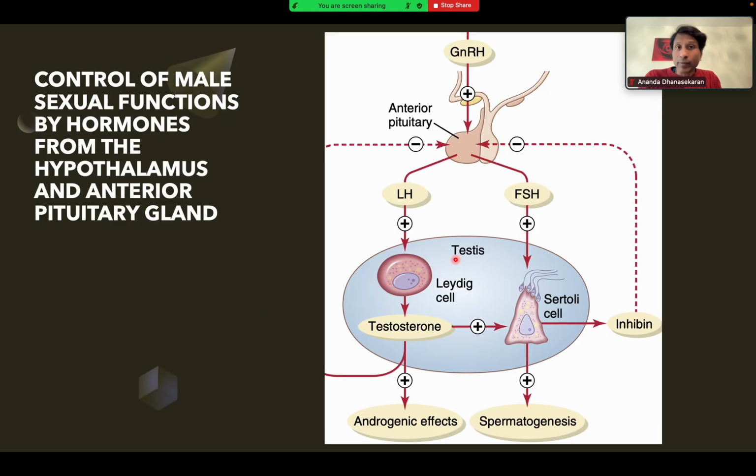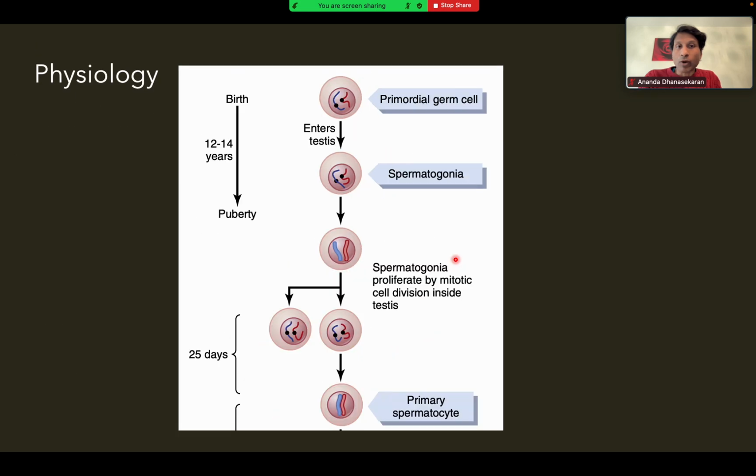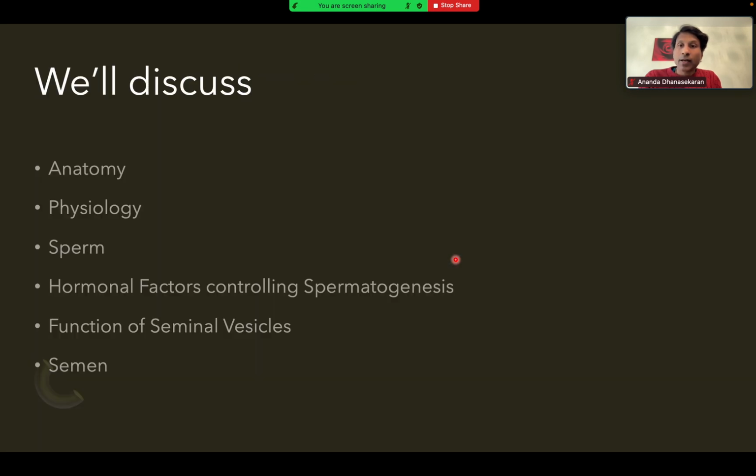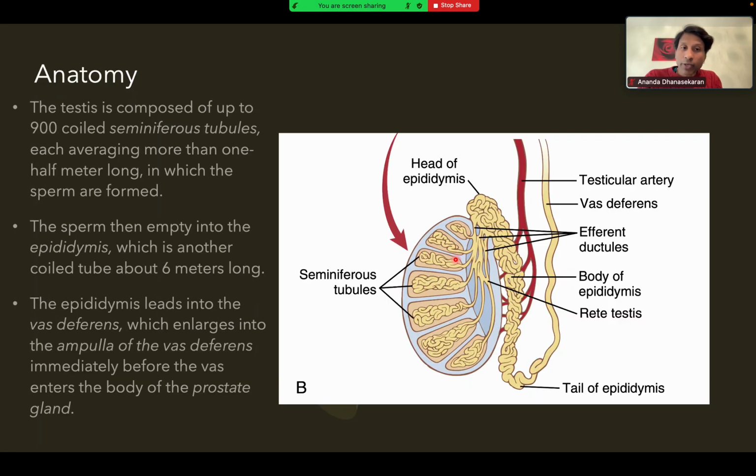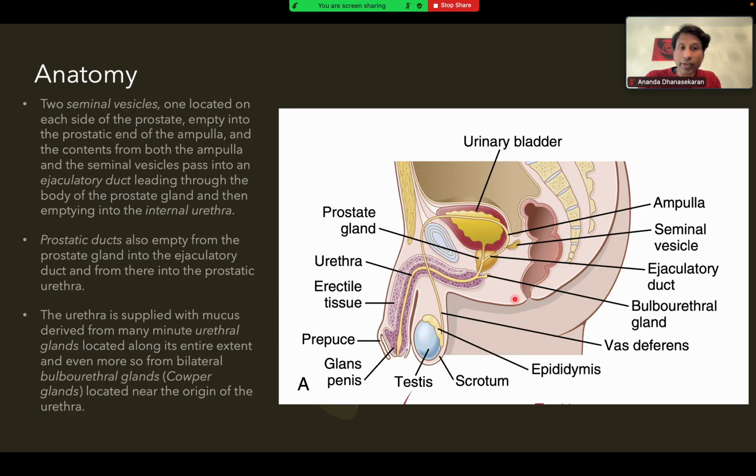So in summary, the main thing we have seen is we discussed the anatomy of the testes. We have learned very clearly how the seminal vesicle, epididymis, vas and all are formed. We have discussed the anatomy of the prostate, seminal vesicle and the urethral gland. They form the main components of the sexual vital fluid.